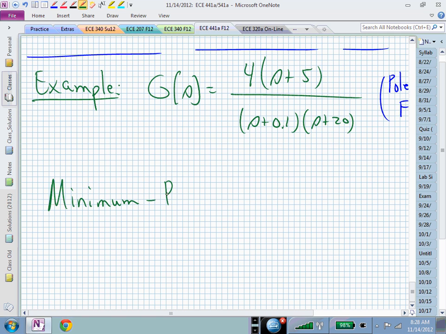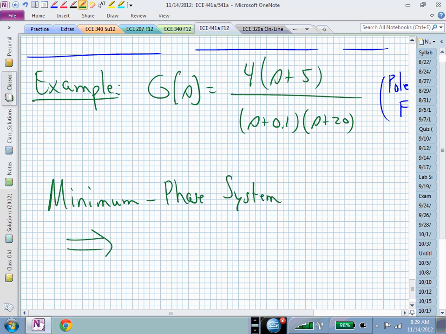So if we have a minimum phase system, what does that mean by definition? Have I explained that or said that before? Have I talked about minimum phase in here? Yes or no? We talked about bicycles.